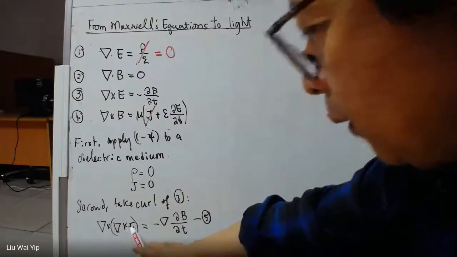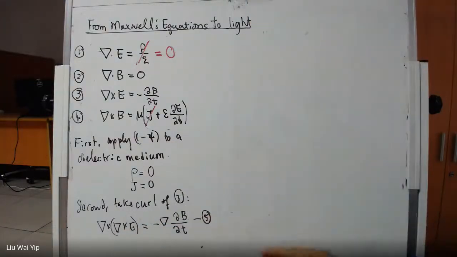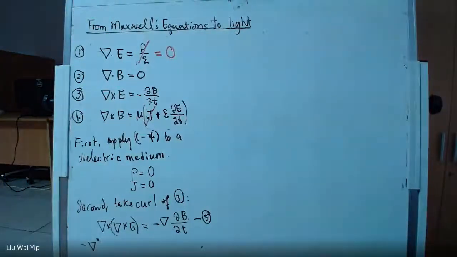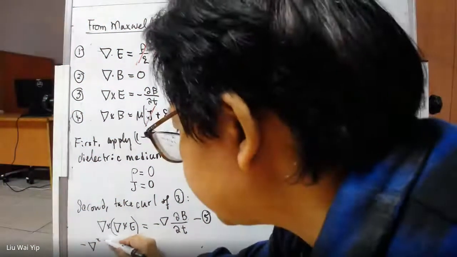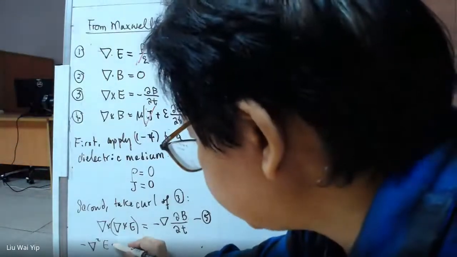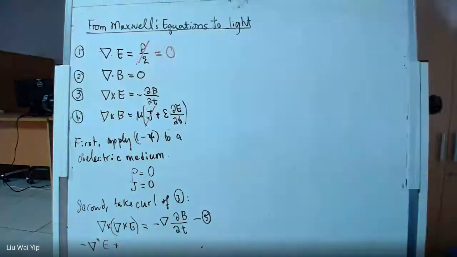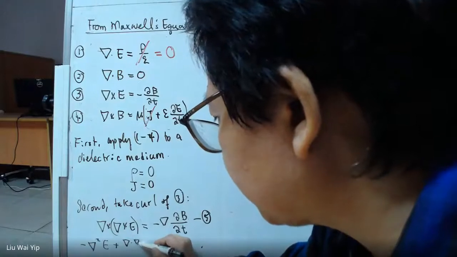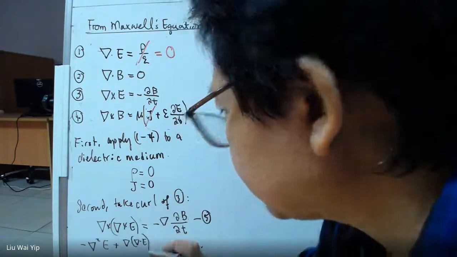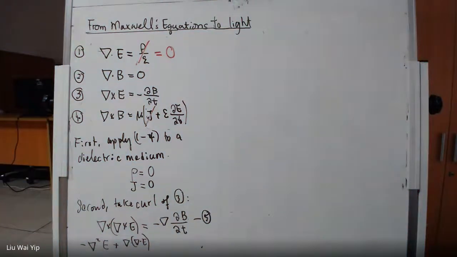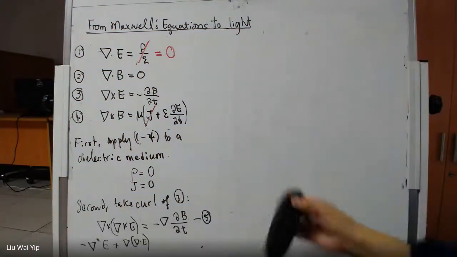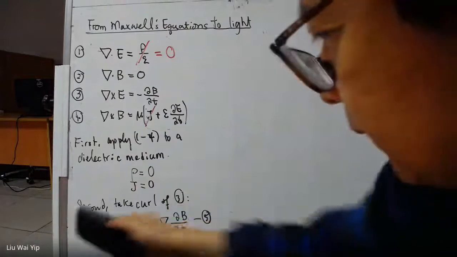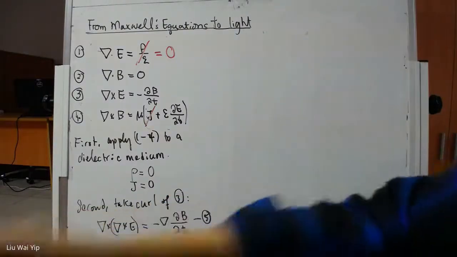The curl of curl of E can be written as minus Laplacian of E plus the gradient of the divergence of E. This is what we can get from the left side of equation 5. So let's write down here.